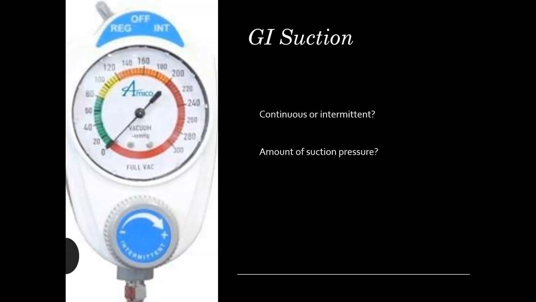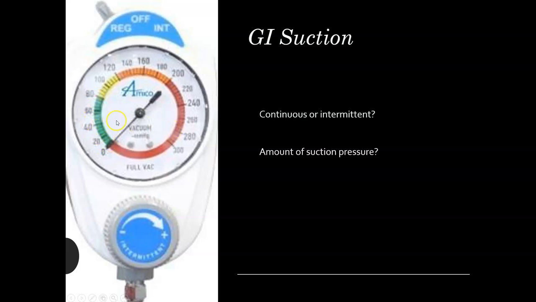Okay, so for GI suction, continuous or intermittent, this is usually per physician order. If they're on continuous, it should be on low wall suction. So you see here, this is your flow meter that's on the wall, that you'll see on the wall in the patient rooms. In the green here, this would be considered low wall suction. So usually they'll have ordered for that, and that's what that means. It should be in the green here.